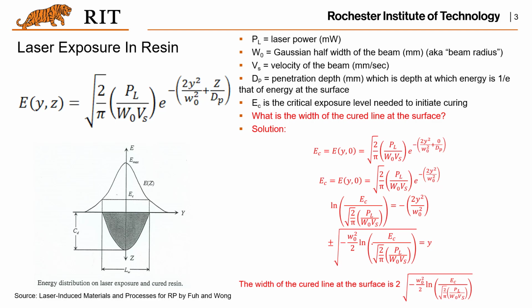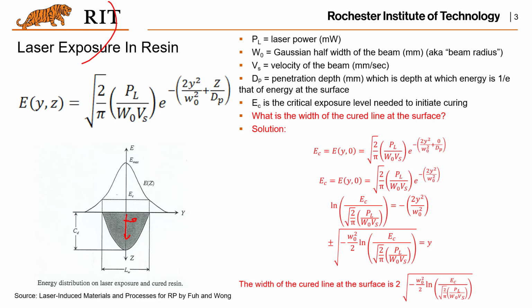Basically, this function has two variables: y, which is the distance of any point in this region to the center line of the laser beam, and z, which indicates the depth inside the resin surface.